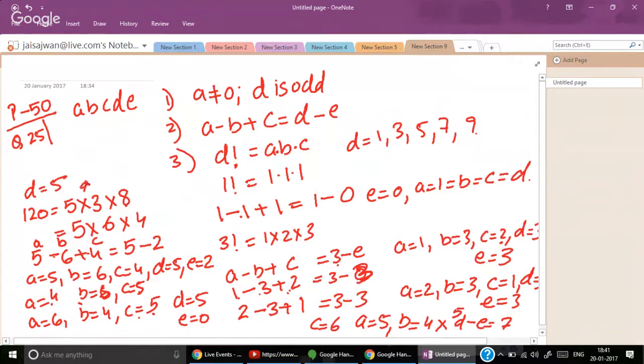Let's try out these possible options. I'll be saying A, B, C, D, E. Can I say this is 5, this one is 3, and this one is 8? 5 plus 8 is 13 minus 3. No, it is not possible. Can I write it 8? Can I write now?